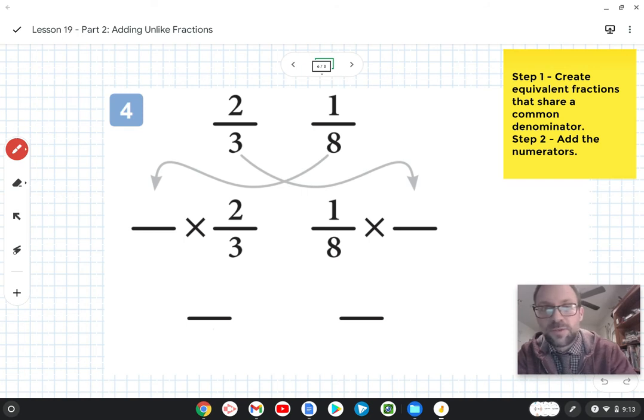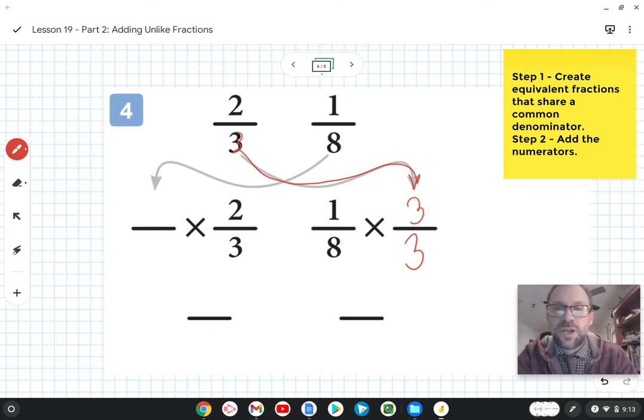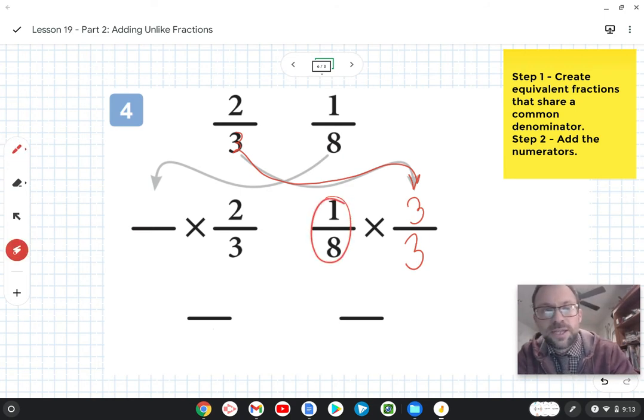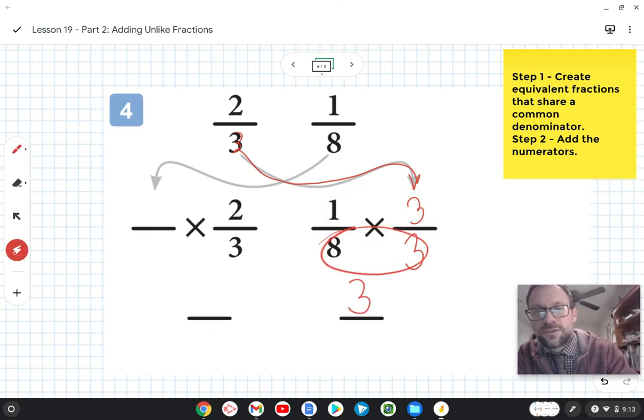So I'm going to take this 3, go down here, and multiply it by both the top and bottom numbers, 1 and 8. So 1 times 3, that's 3, and 8 times 3, that is 24. And guess what? 3/24 is equivalent to 1/8.